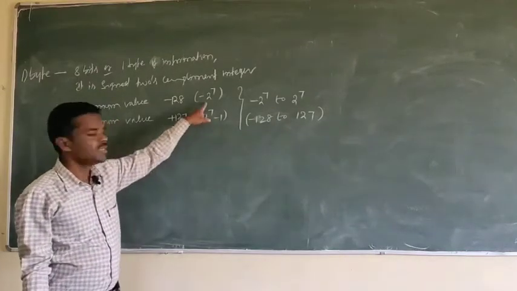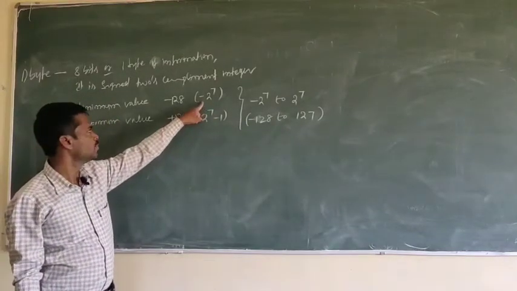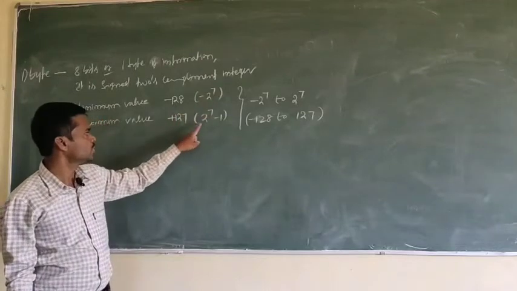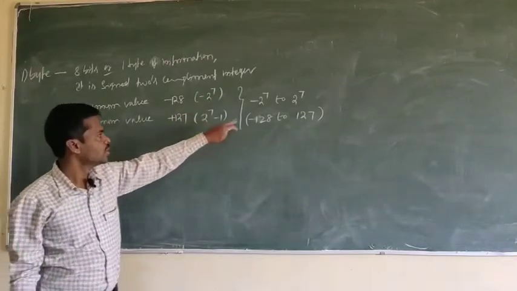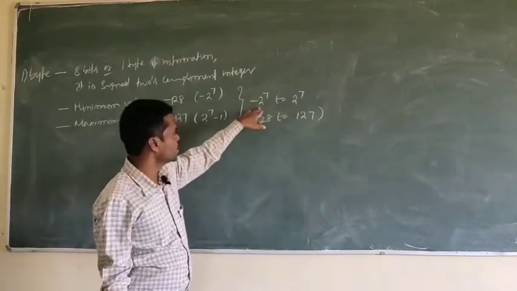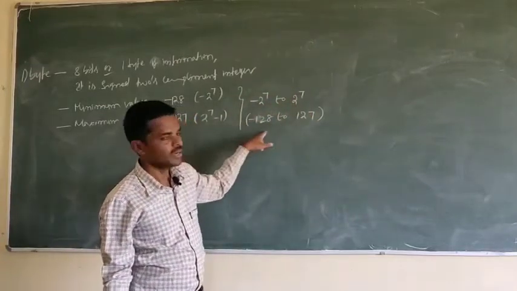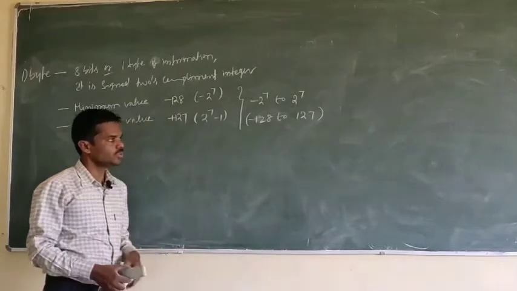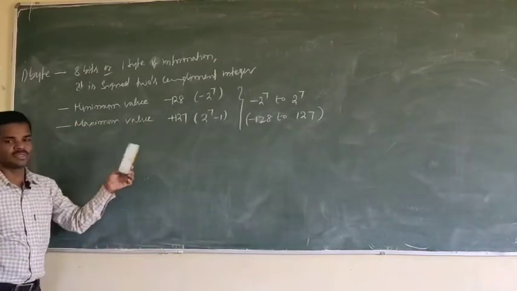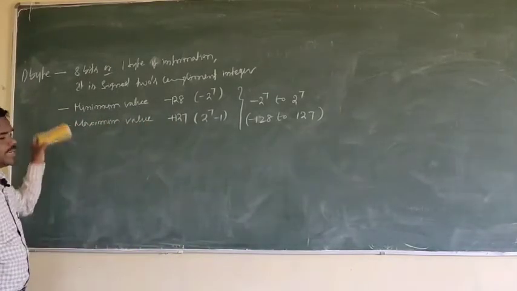You can represent this in exponent notation as minus 2 to the power of 7 to 2 to the power of 7 minus 1. That is the range of values you can store in the byte data type.